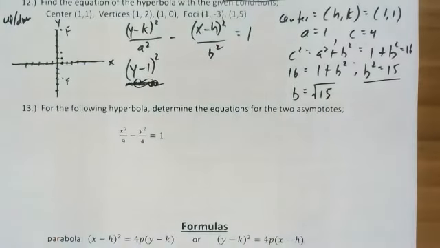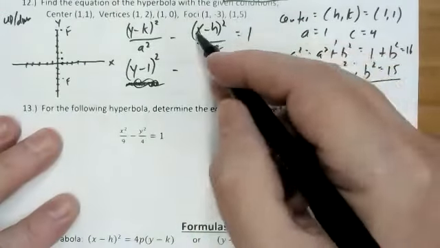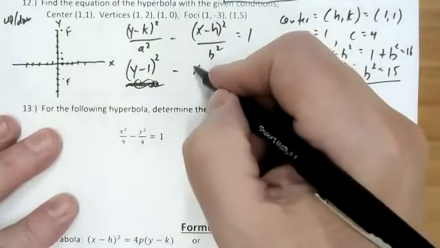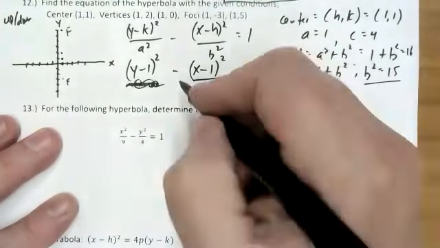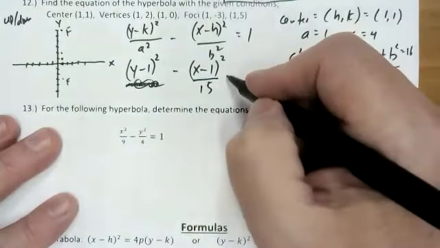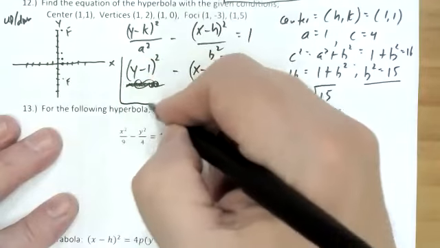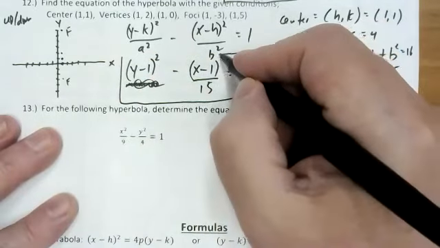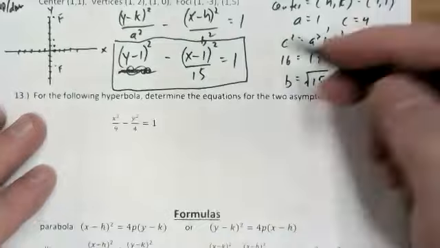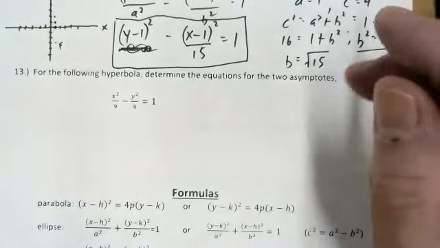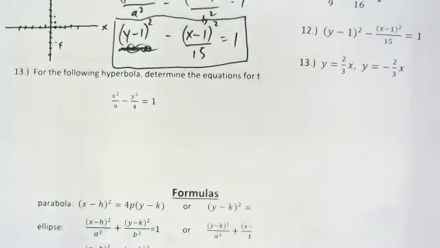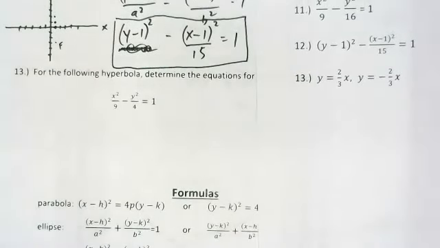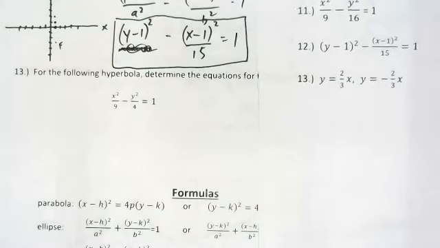It could just be y minus 1 squared minus x minus h, h is 1, squared over b squared, which is 15, equals 1. So let's see what the key says. Number 12, y minus 1 squared minus x minus 1 squared over 15 equals 1. Very good.